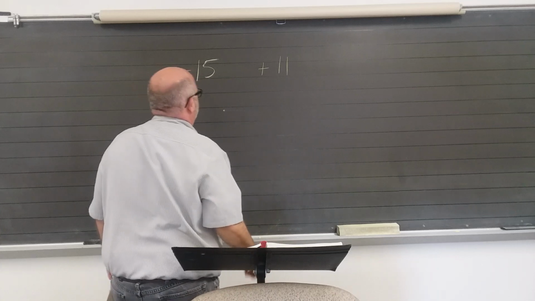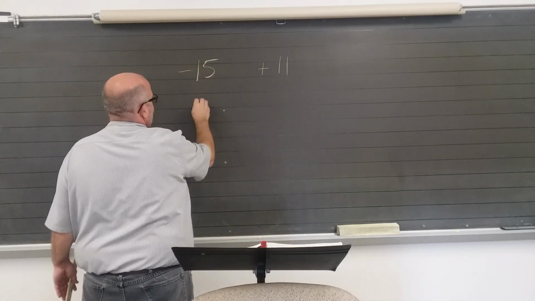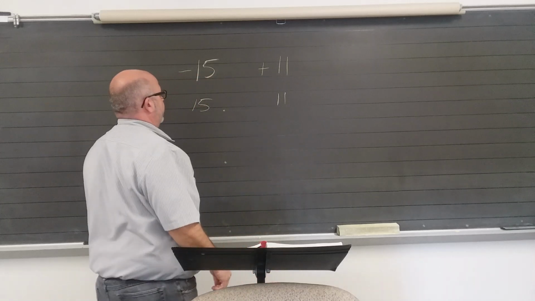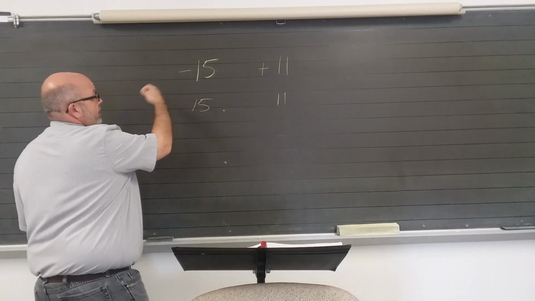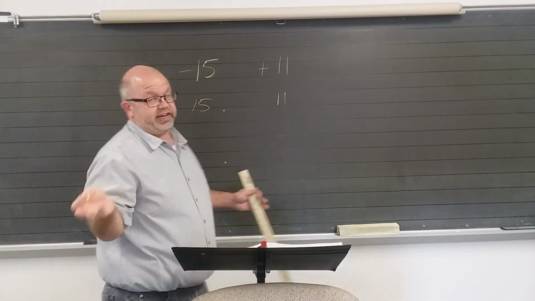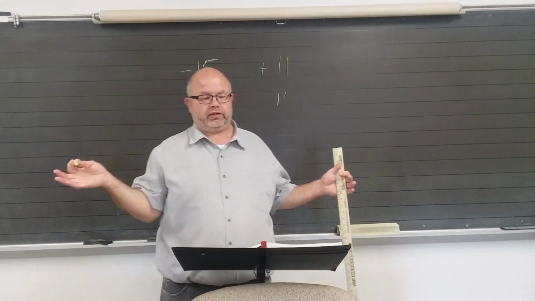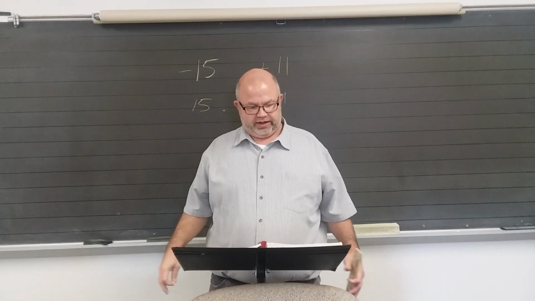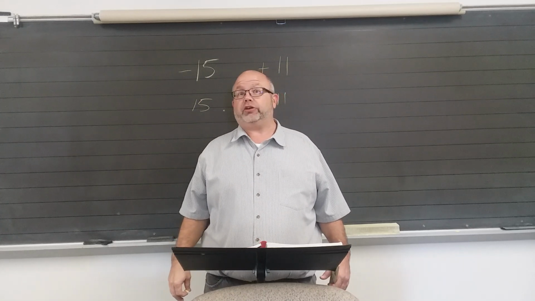The absolute value is simply 15 and 11. The absolute value of positive 15 and negative 15 is 15. Simply take the sign away and that number is the absolute value.